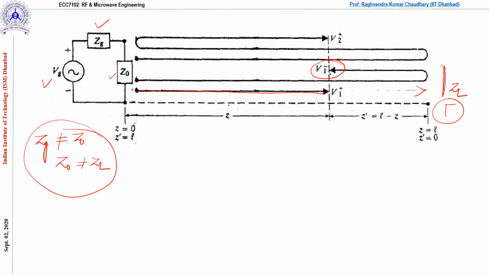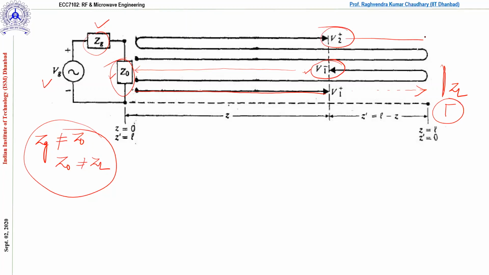So this is the backward wave, and when it reaches the source side, it again experiences a mismatch because Zg and Z0 are not equal. So it bounces back again, and we call it V2 plus.